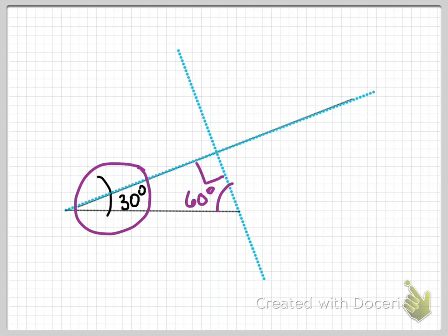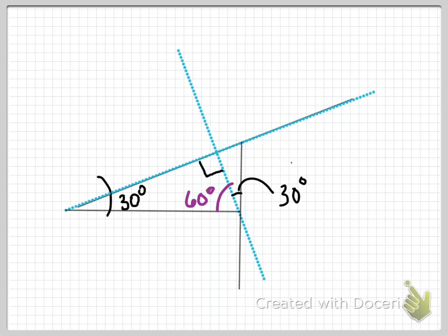Yes? Good. If I add a little line right here that again starts at the x-axis and intersects the y-axis, I think we'd all agree that since this is 90, the little interior angle here has to be 30 degrees. That's a good thing.